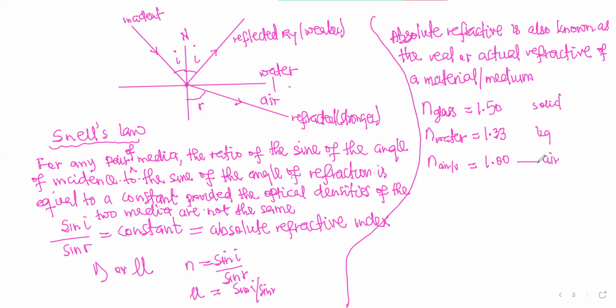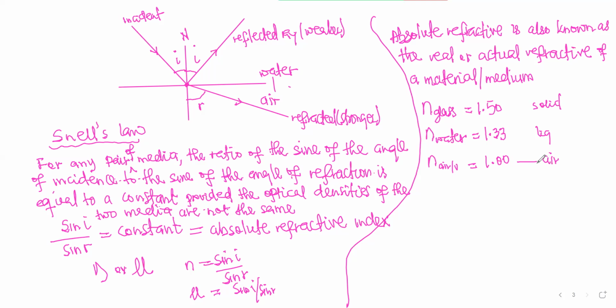So when the refractive index of glass is 1.5, when it's bending light, does it bend the light towards the normal or away from the normal? It depends on where the light is coming from.